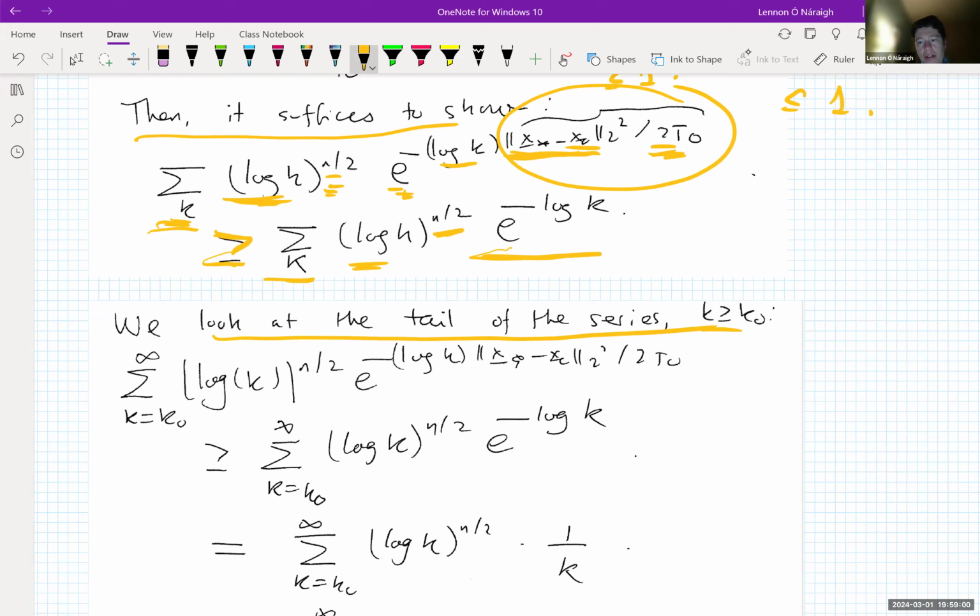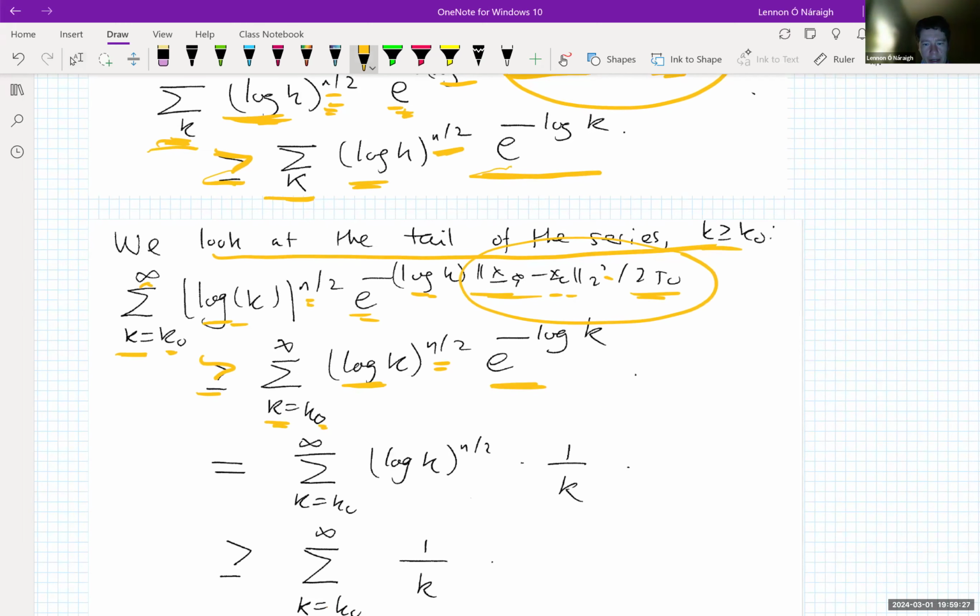So we take k greater than some lower cutoff k0, and we look at the sum from k0 to infinity. And since t0 is sufficiently large, this is greater than or equal to the sum over k, starting at k0, of (log k)^(n/2) e to the minus log k.